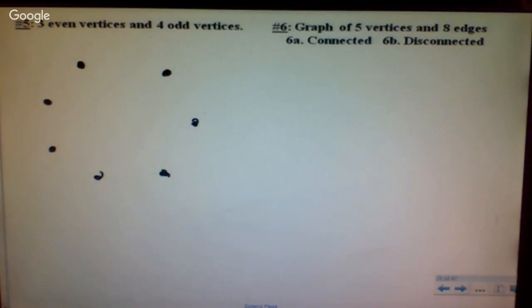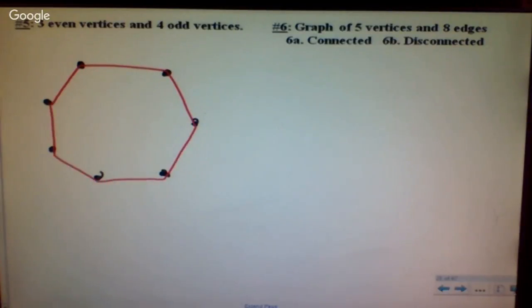So we need to focus on how many lines are coming out of each. My suggestion to you is to make them all even first. And the way that you make them all even is you take your pencil and you literally play connect the dots around the outside.